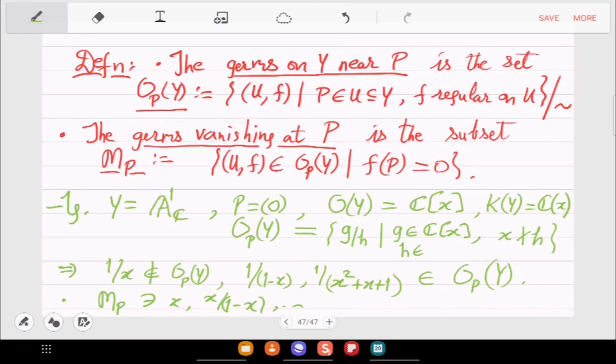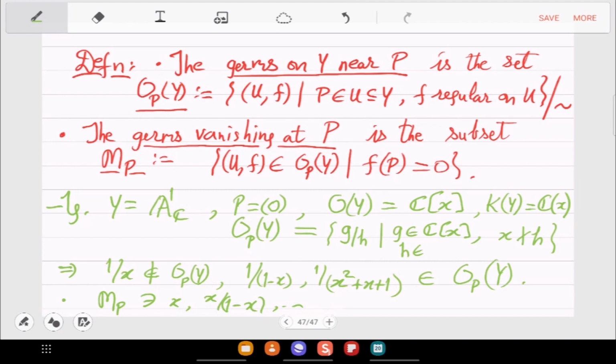What you can show immediately is that MP is a ring. You can add two vanishing germs and you can multiply because you will still get functions defined at P and vanishing at P. More importantly, it's an ideal of what? Of O_{P,Y}.